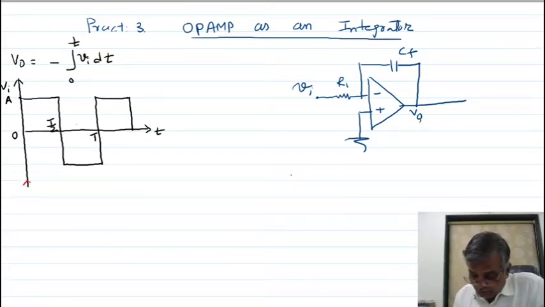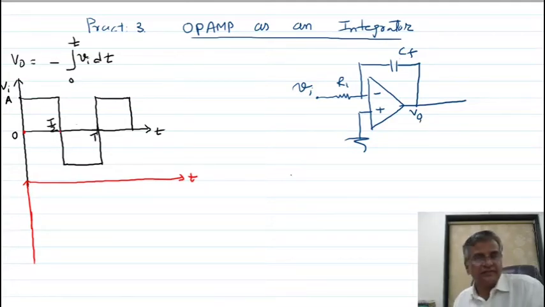Now let me show my output voltage, what will happen during this time, and during this time. This is my 0. I am showing you this axis.